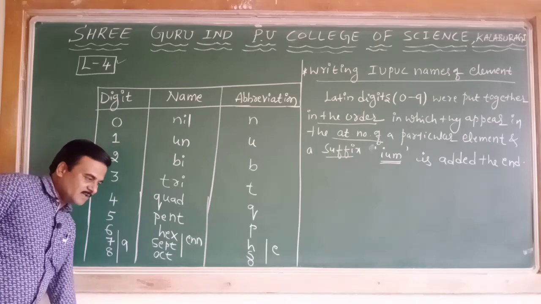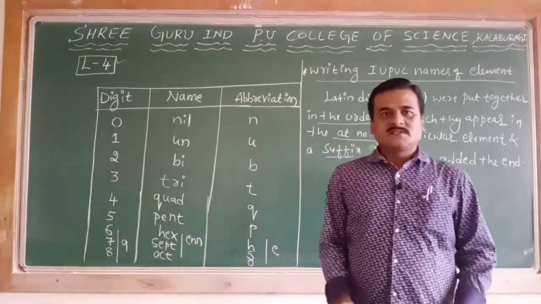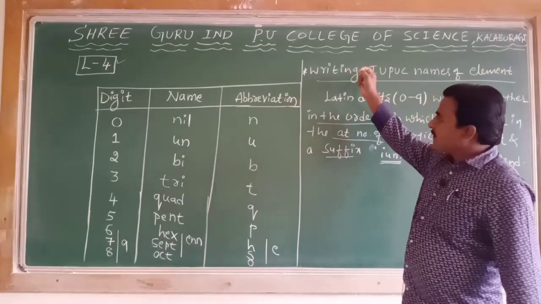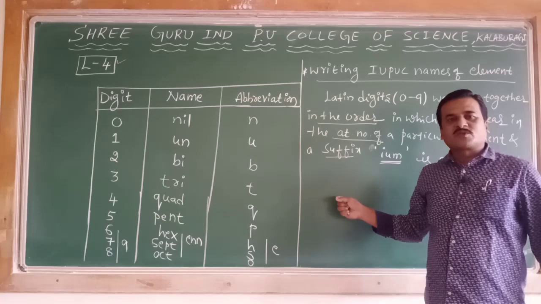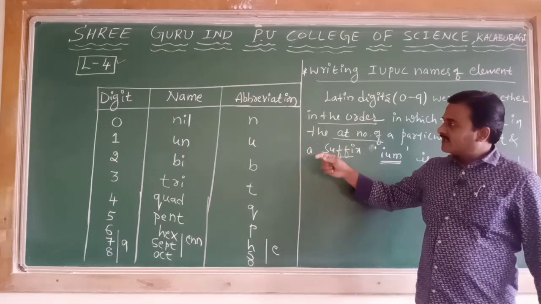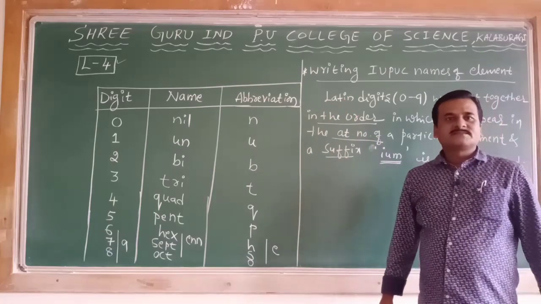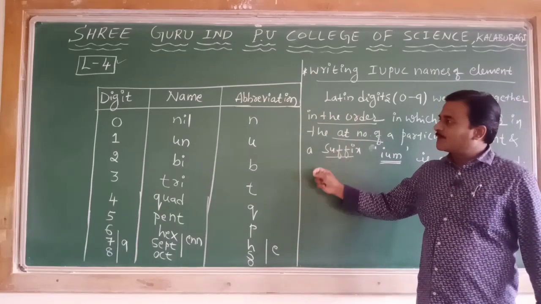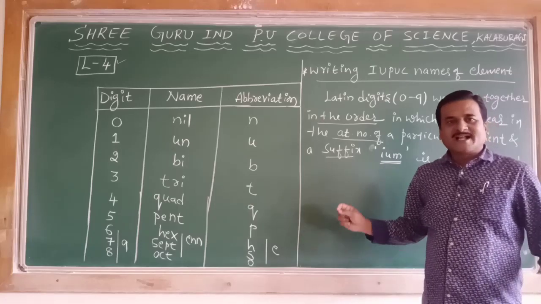So this table helps to write the IUPAC names of elements with atomic number more than 100. In the next table, we'll try to write the IUPAC names of elements with atomic number more than 100.